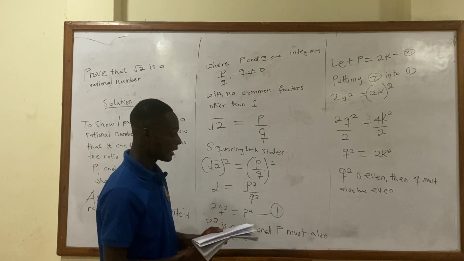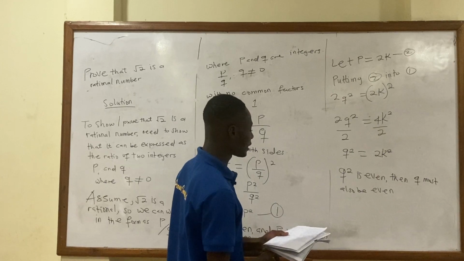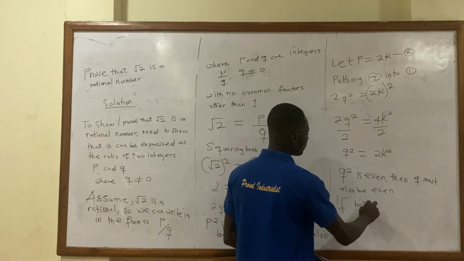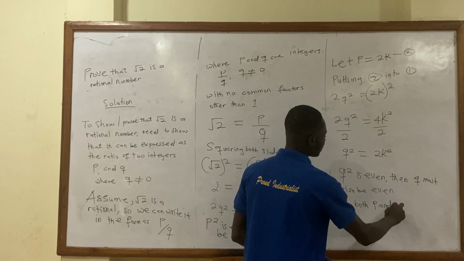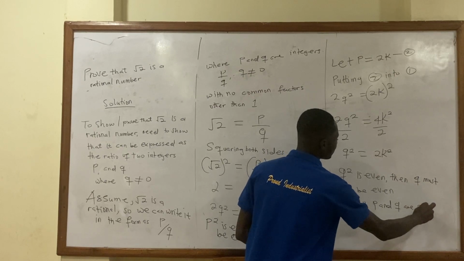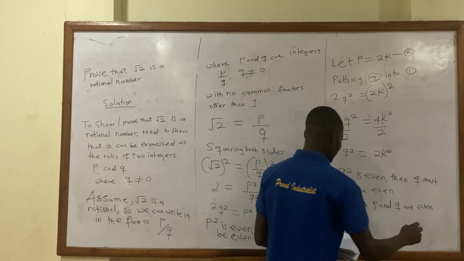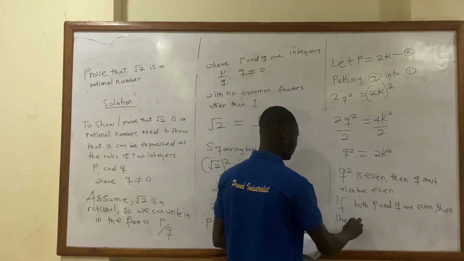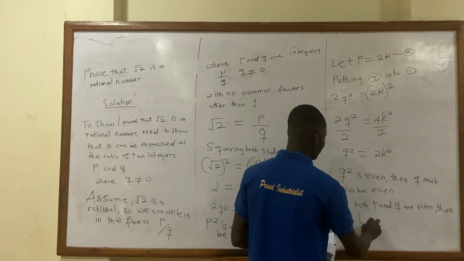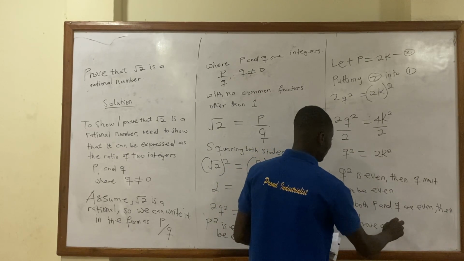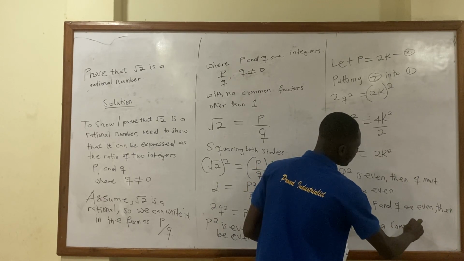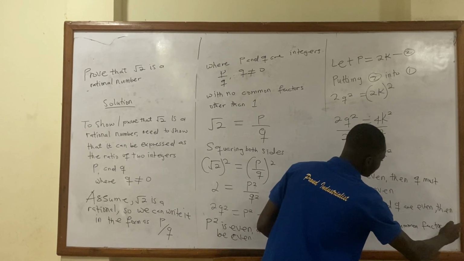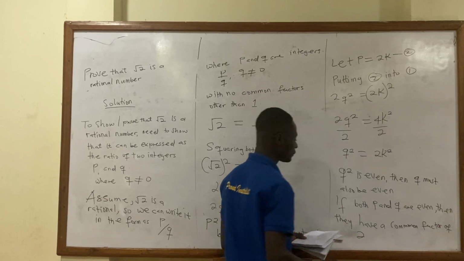All right, so from there we can say that if both p and q are even, then they have a common factor of 2.